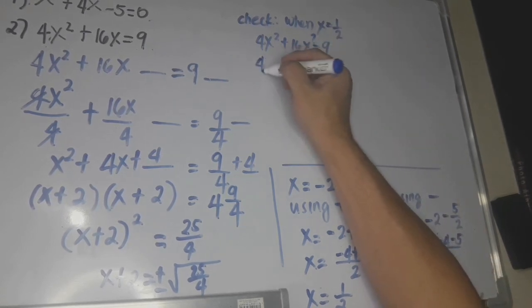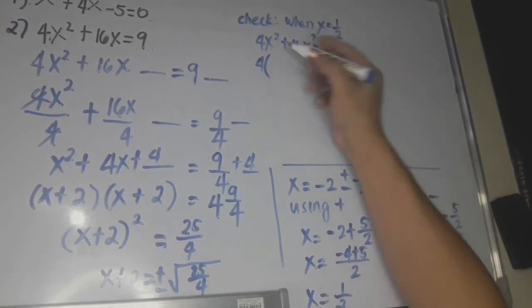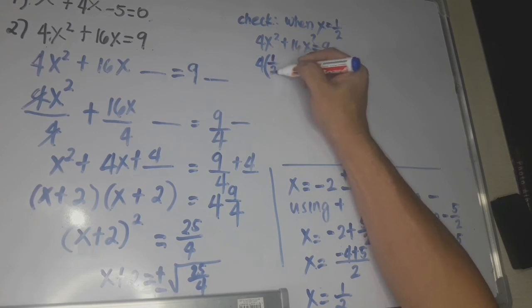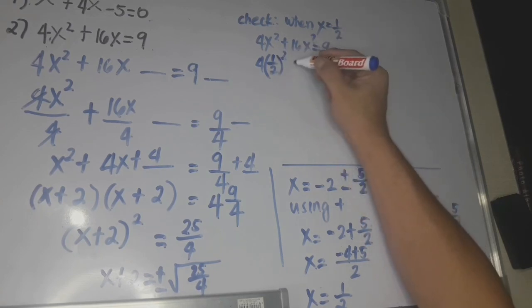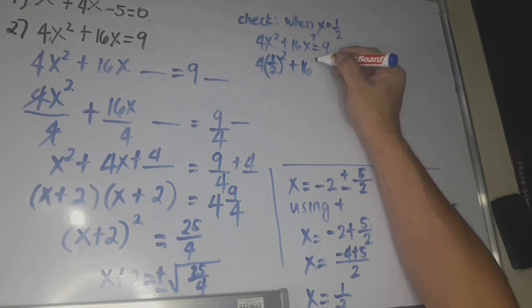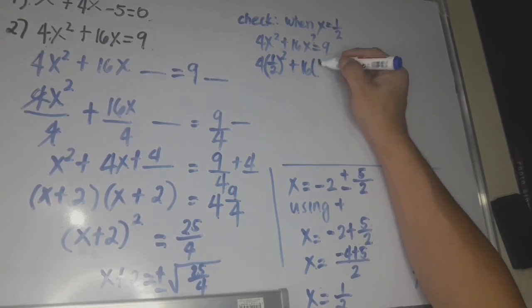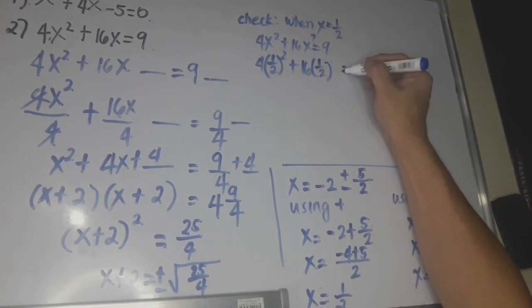So 4, then x is 1/2, 1/2 squared plus 16 times 1/2 equals 9.